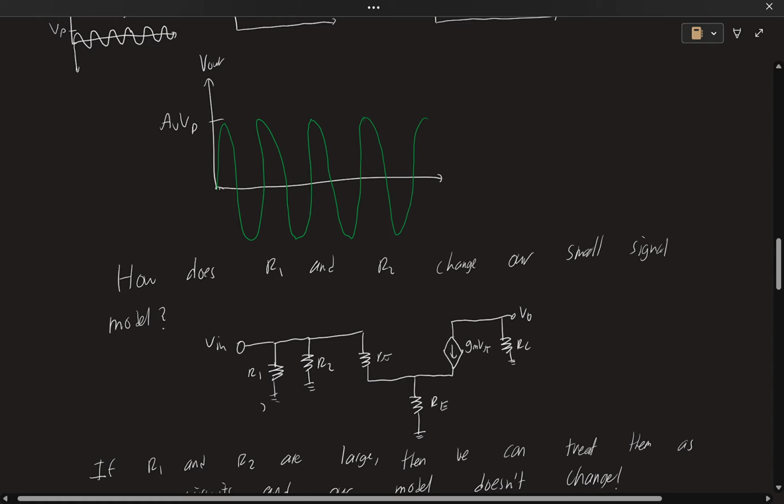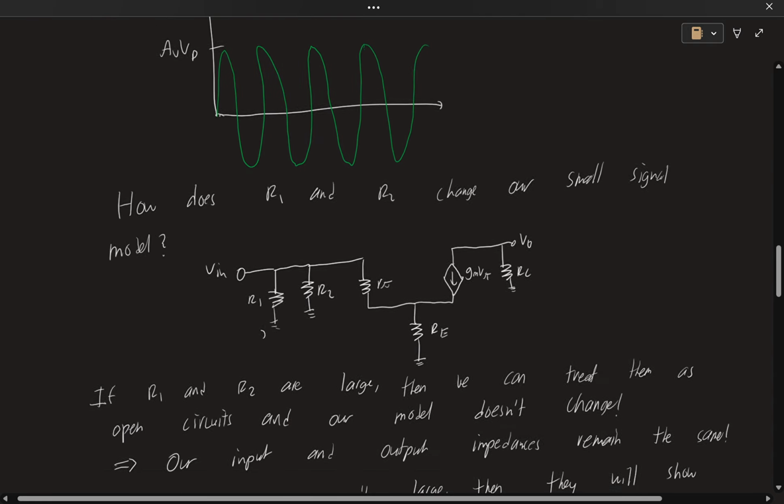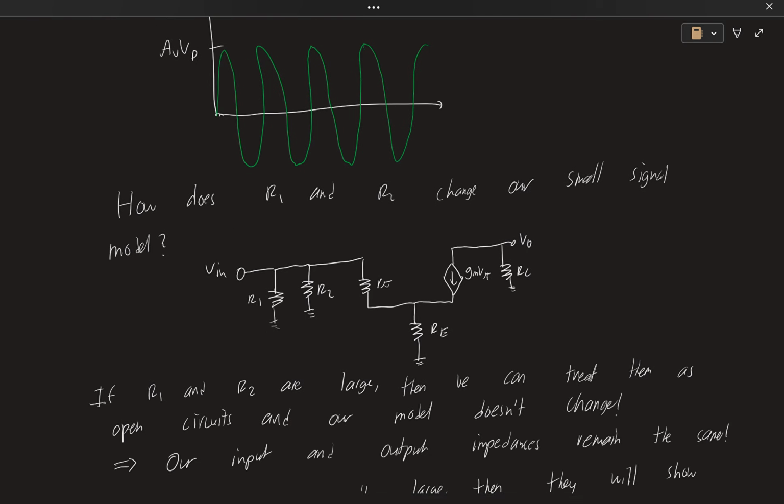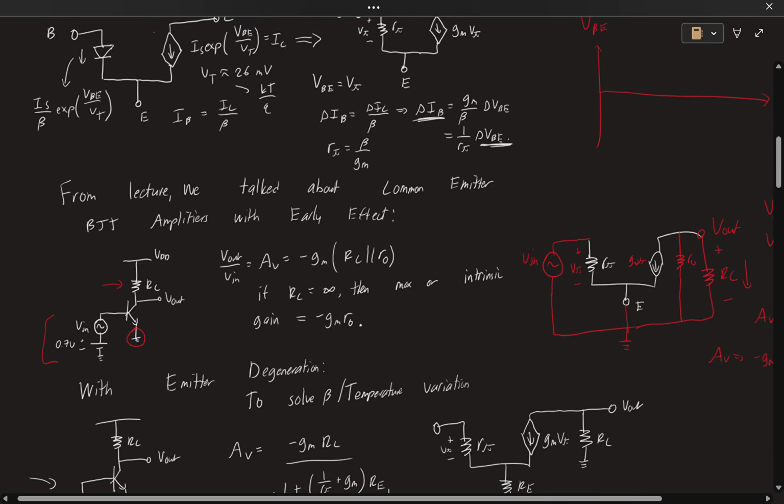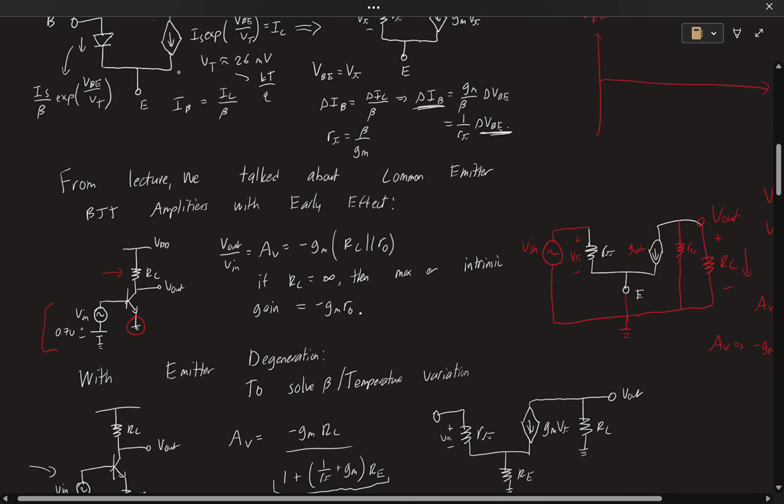And our R2 is connected to the normal ground, so it's still going to remain at ground, okay? So if R1 and R2 are large, then we can treat these guys as open circuits. No current is going to flow from here, right? All of it's going to go there. So if that happens, then it doesn't change our model at all. We still see this R pi, RE, GMV pi, and RC, just as we showed right over here, right? This network here. Same thing.